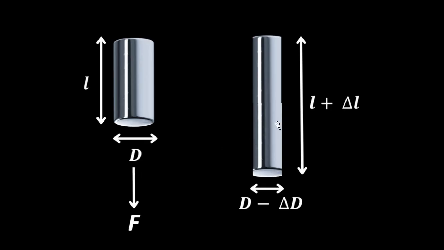Of course, there will be elongation, there will be increase in length delta L, but with the increase in length of the wire, there will be decrease in cross sectional area or decrease in diameter.